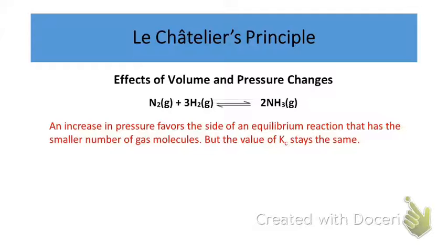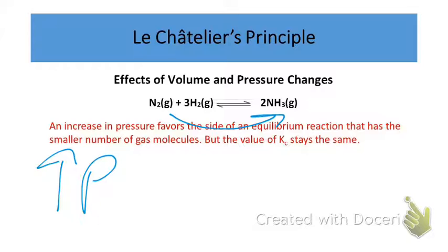So let's say this one more time. Pressure goes up. The system wants to reduce the pressure. So to reduce the pressure, it's got to shift to the side of the smallest number of molecules. In this case, it's going to shift to the right, to the product side, and that should cause an increase in the product and a decrease in the reactant.